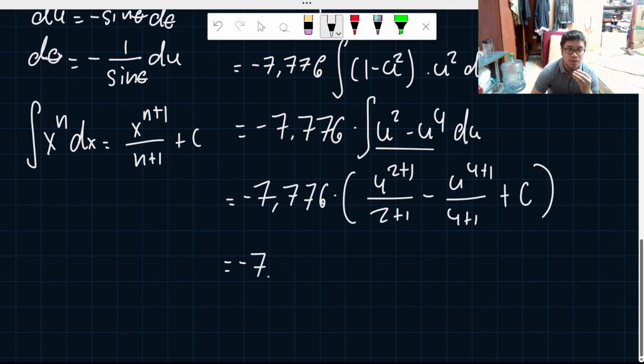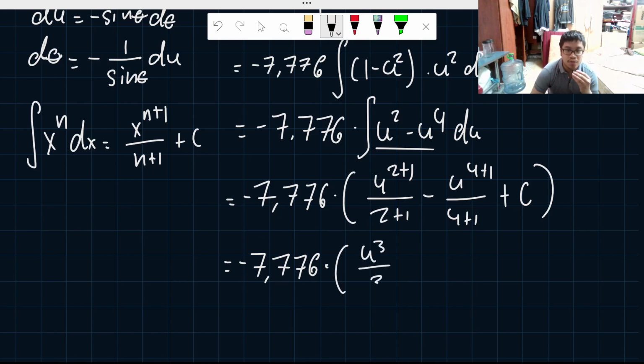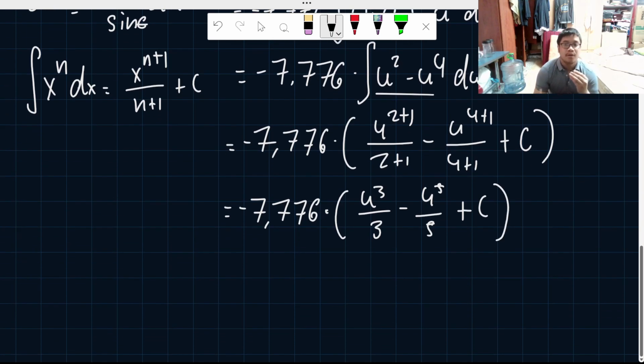So this would be our answer. When we simplify it, we will have u cubed all over 3 minus u raised to 5 all over 5 plus c. Okay, but we're not done yet. Why?